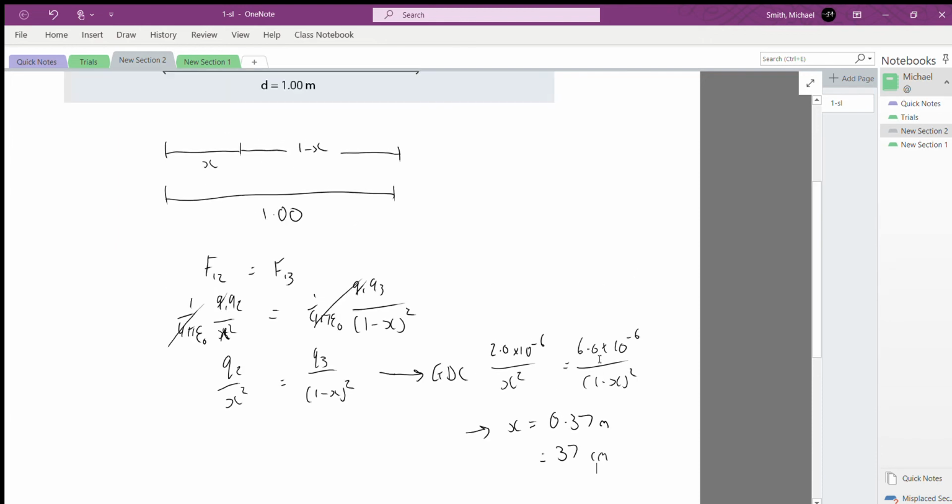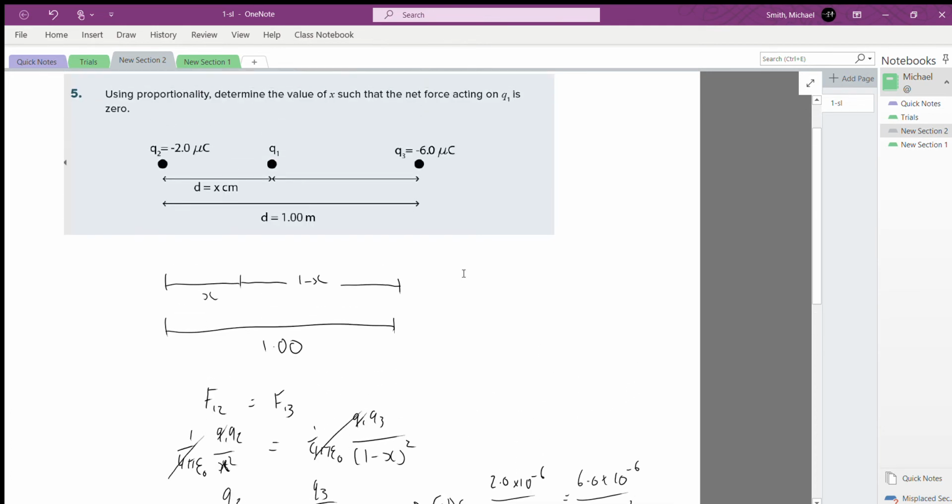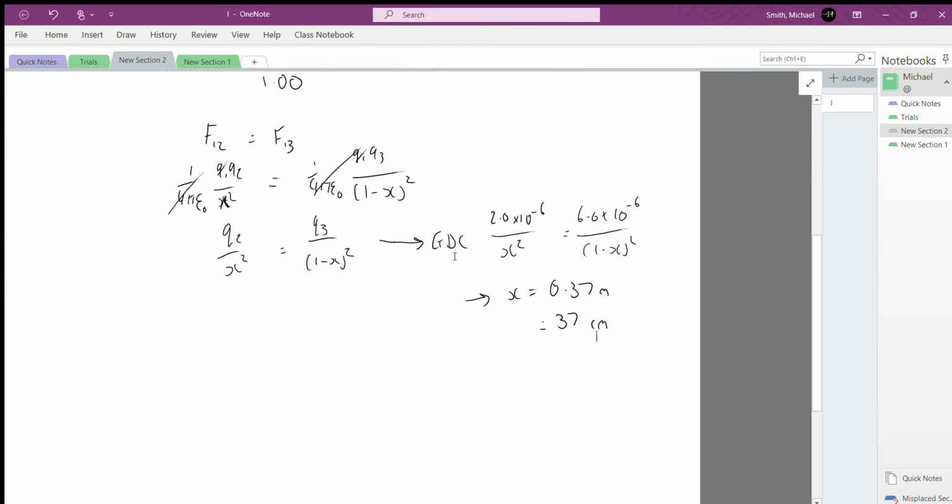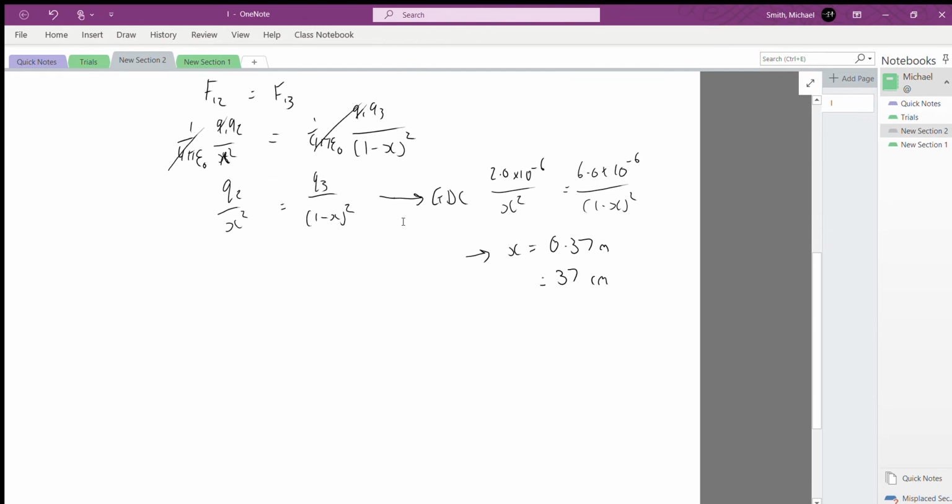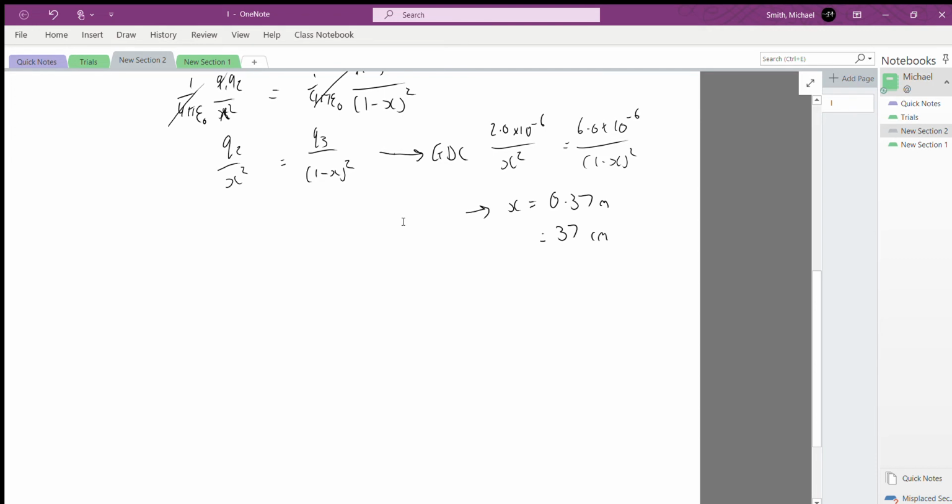Since this is more of a learning question rather than an assessment question, some of you might be happy with that, but if you want to go through the algebra, which is a little bit more challenging but still worthwhile, then I'll just do that now anyway. So here, I'm going to cross multiply the x squared and the Q3.